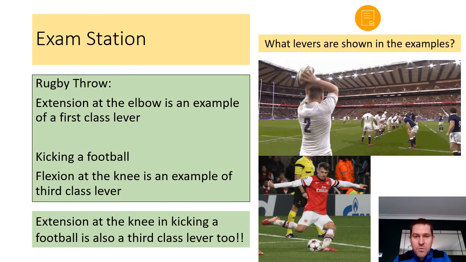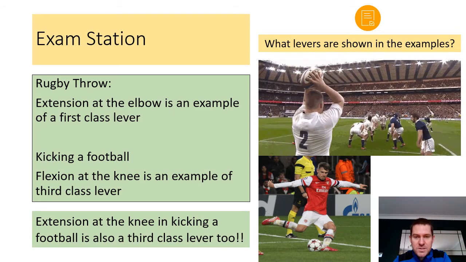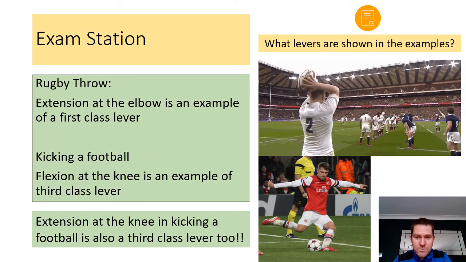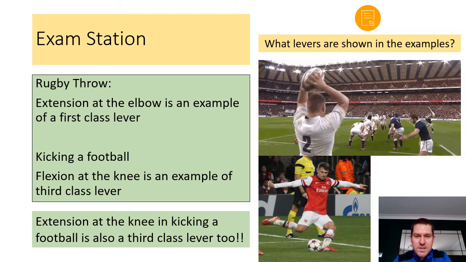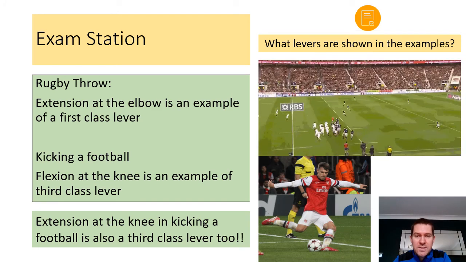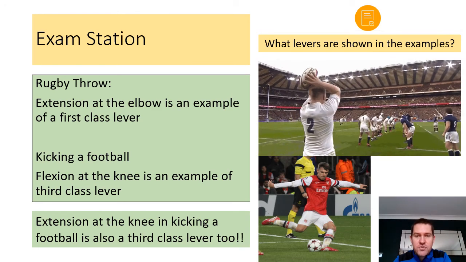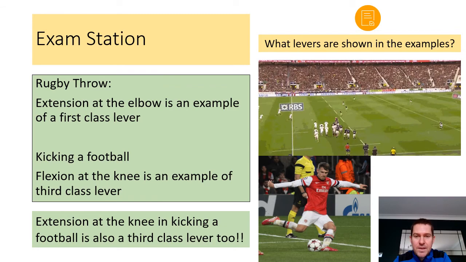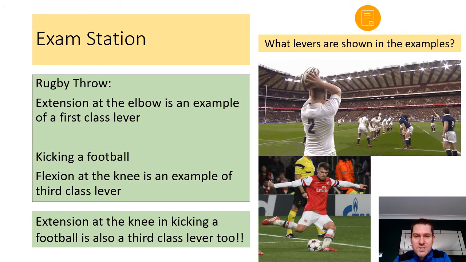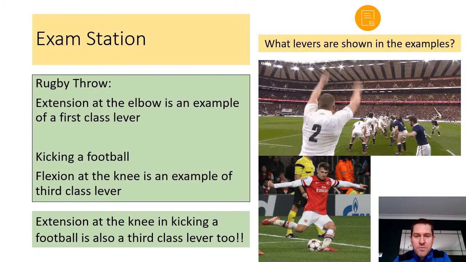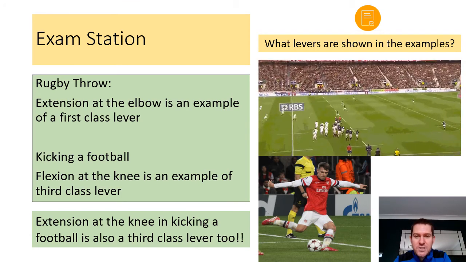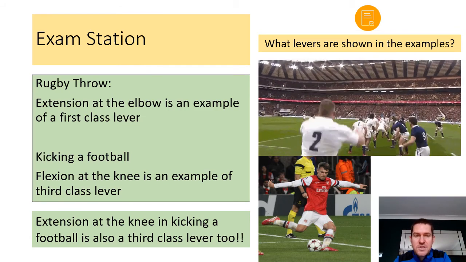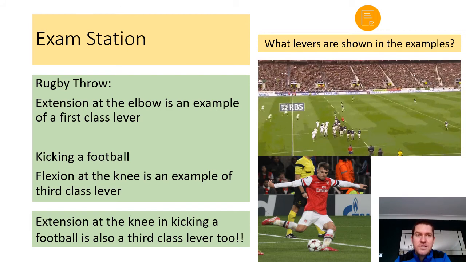So again, we have the fulcrum in the middle, but it's really important to note here that yes, it's the gastrocnemius which is working, and again, we might think to ourselves, well, the gastrocnemius is on one side there of the fulcrum, but actually in terms of the insertion point, that gastrocnemius will go past the kneecap and attach to the tibia, and ultimately that means that insertion point, because it's past the fulcrum, that effort now is in the middle, that insertion point, and the load is obviously at one end, the fulcrum is at the other end, and therefore the effort is in the middle. So that again is an example of a third class lever.